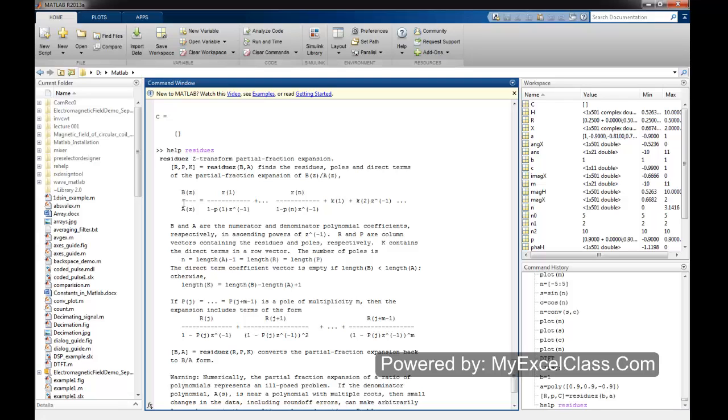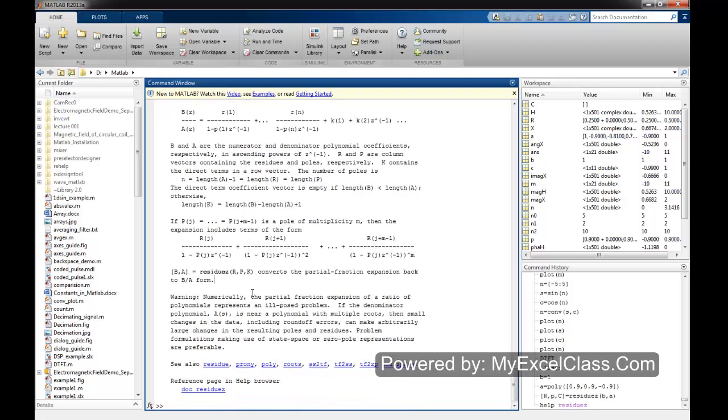So if you have a Z transform equation, you can use this to solve your partial fraction expansion, and it will return the number of poles n, where length a minus 1 is equal to length r is equal to length of p.